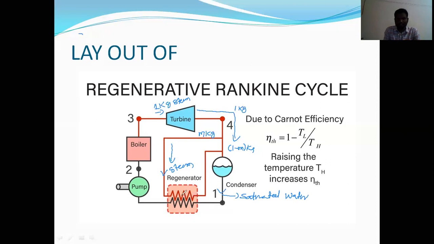In the regenerator, both steam and saturated water interact. When they interact, the steam gives some amount of heat to the water. So if there is any unsaturated water coming out of the condenser, it becomes saturated water. Finally, when the water comes out of this regenerator, it has the saturated heat.